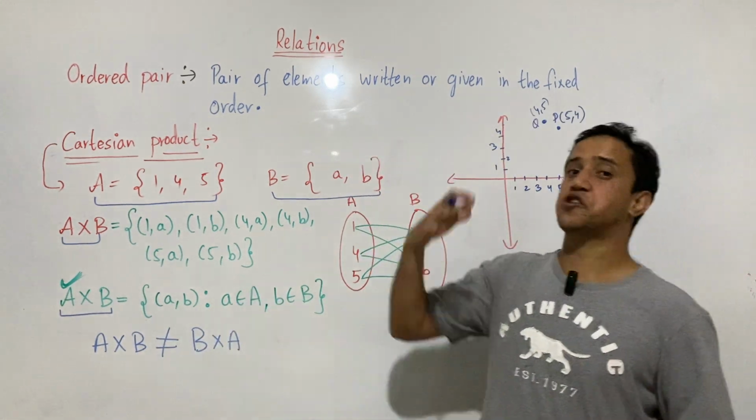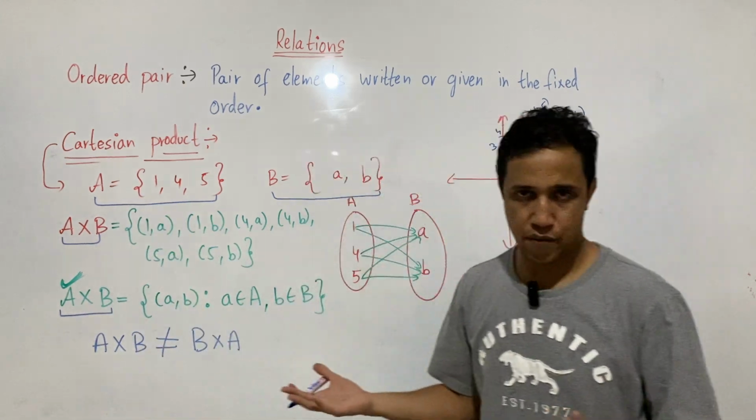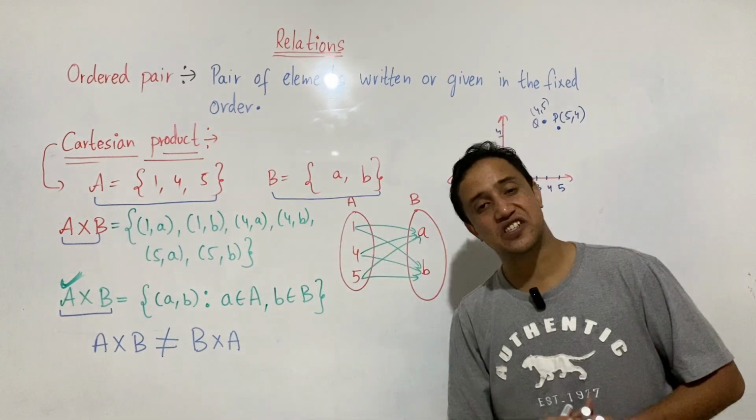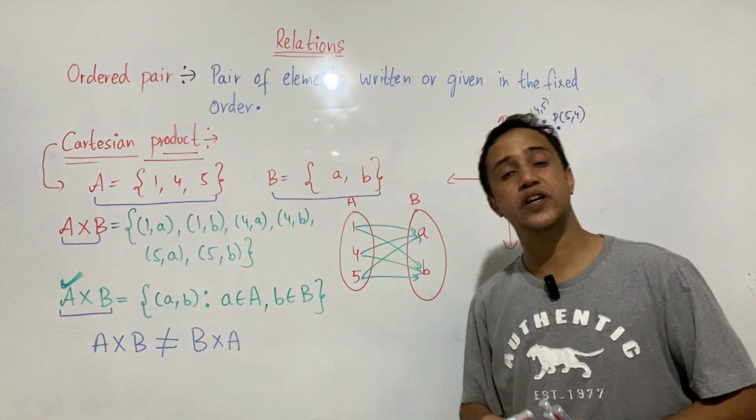In arithmetic, we say that A cross B is B cross A, but here it is not the same as what we do in arithmetic.